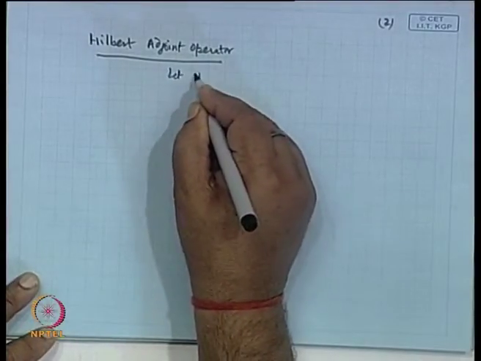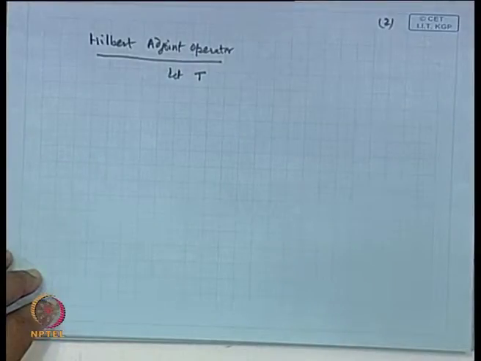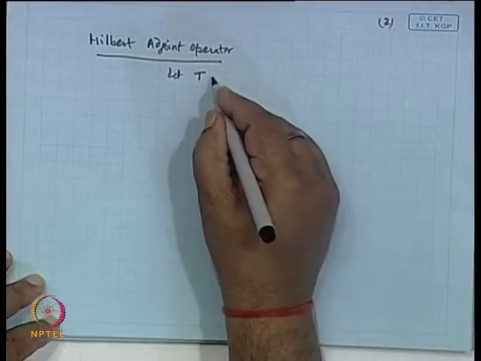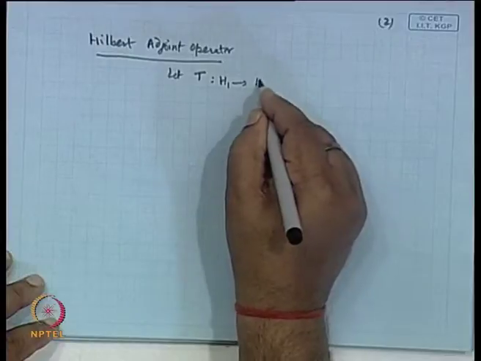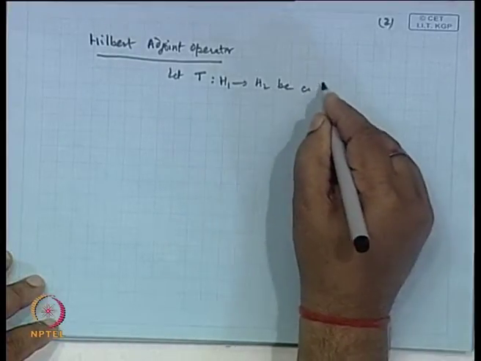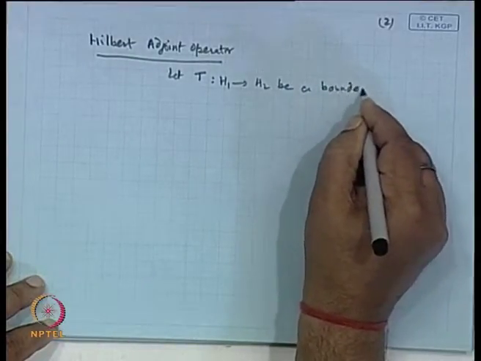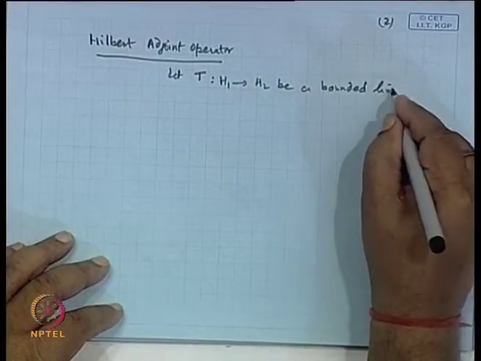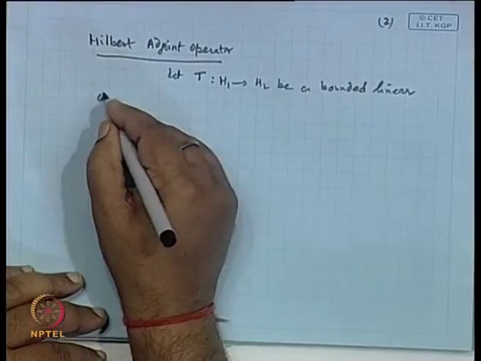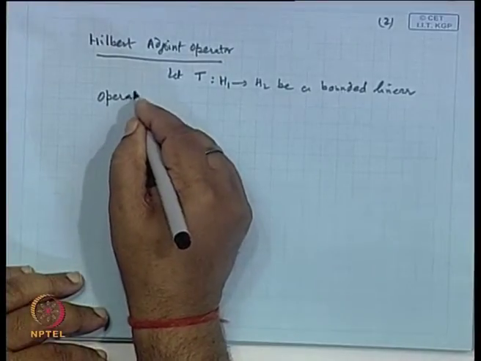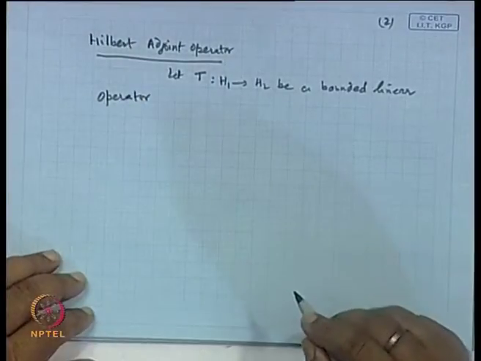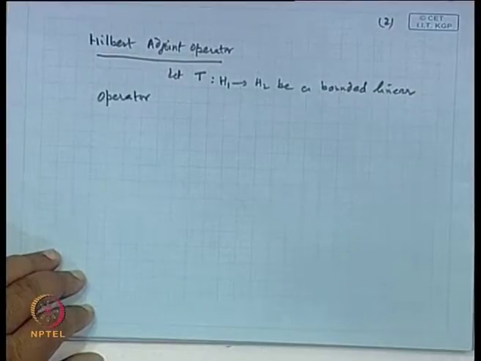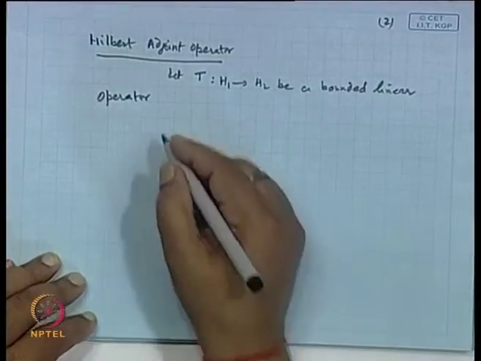Let T from H1 to H2 be a bounded linear operator, where H1 and H2 are Hilbert spaces.